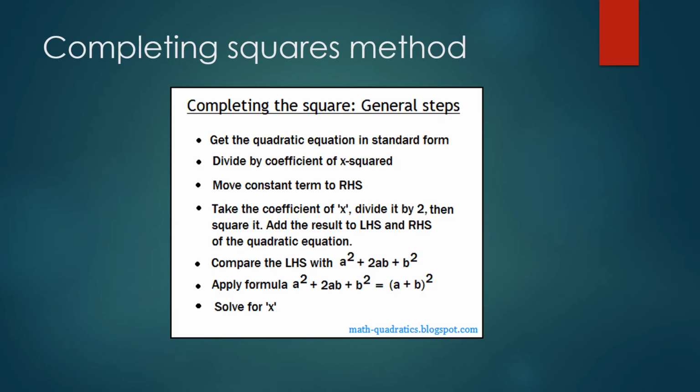Now the third method of solving a quadratic equation is the method of completing squares. These are the steps by which a solution is obtained using the completing squares method. First of all, we have to write the quadratic equation in the standard form. The standard form is x square plus bx plus c equal to 0.